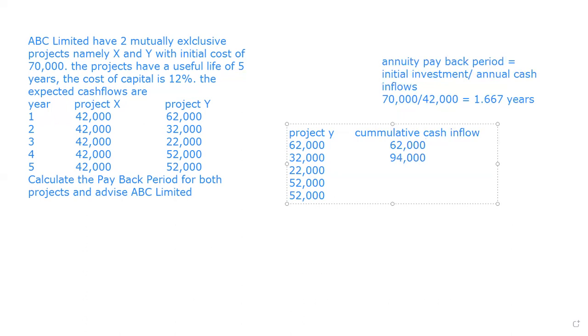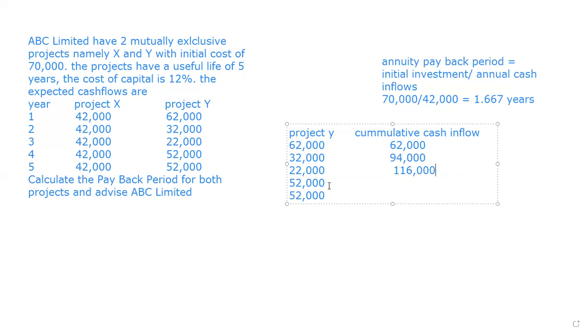You add 94,000 to the next cash flow, 22,000, and you get 116,000.